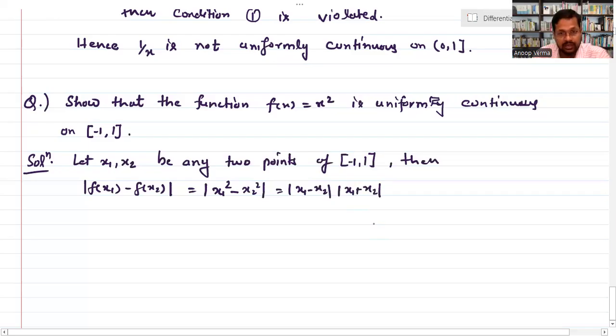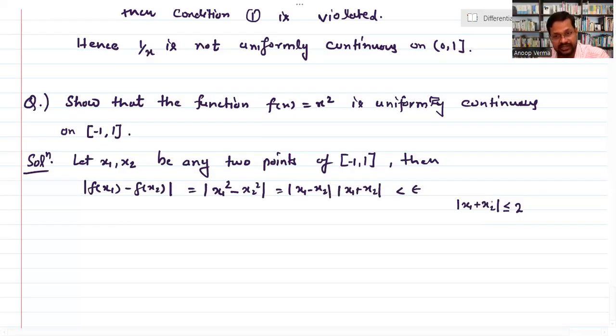What will the maximum value of this be? If I take this less than epsilon, what will be the maximum value? This mod of x1 plus x2 is less than or equal to 2. ठीक, मैक्सिमम वैल्यू इसकी 2 ही हो सकती है, बिकॉज वी आर मूविंग -1 to 1. ओके, तो जो मैक्सिमम वैल्यू हो सकती है दैट विल बी 2.